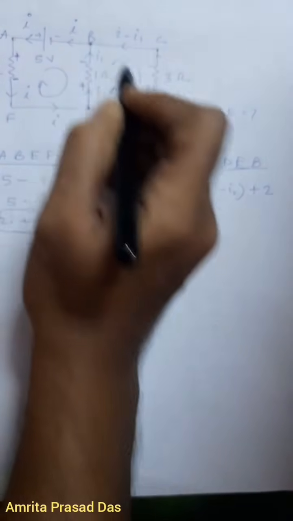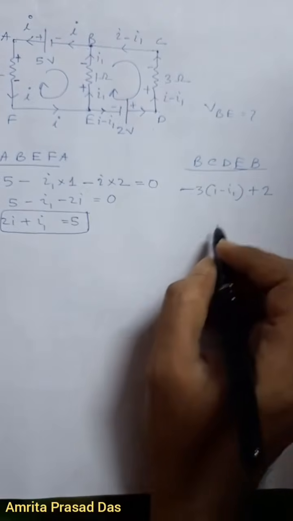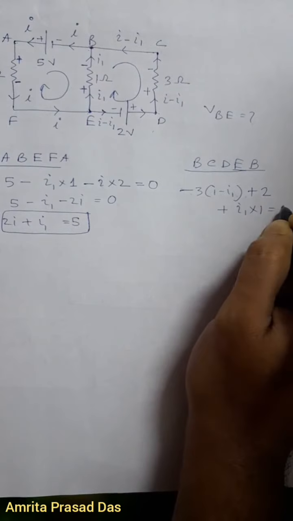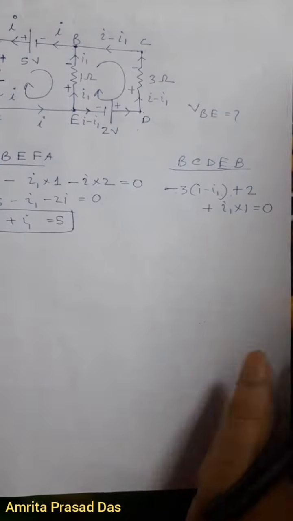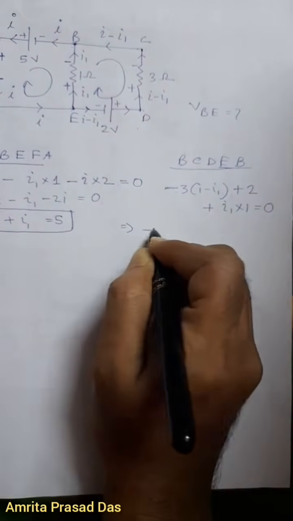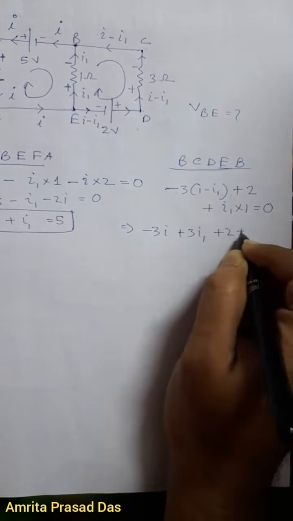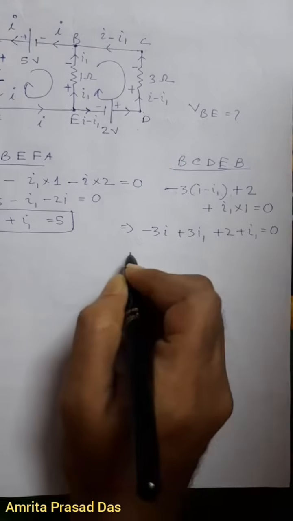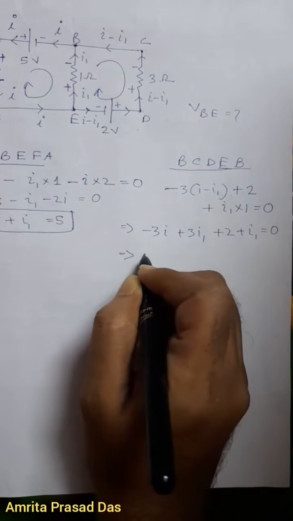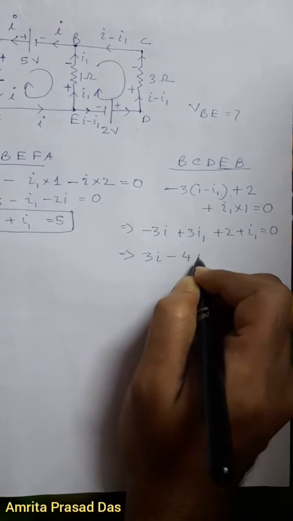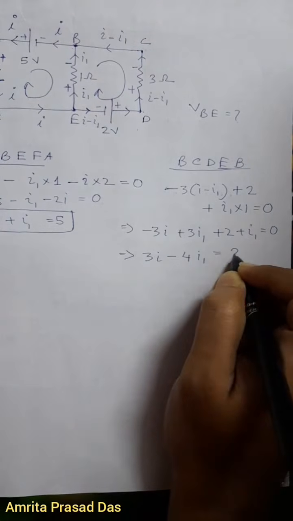Therefore VE minus VB must be positive. So this is I1 into 1 is equal to 0. Therefore minus 3I plus 3I1 plus 2 plus I1 is equal to 0, or 3I minus 4I1 is equal to 2.